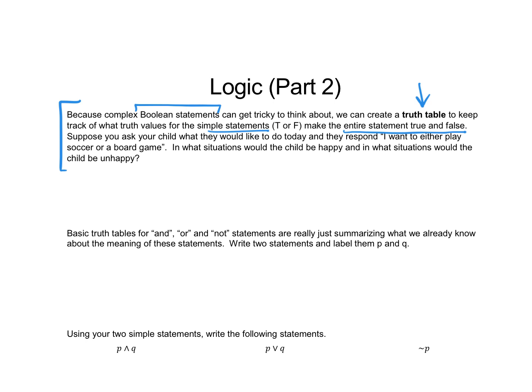So suppose that you ask your child what they'd like to do today, and they respond, I want to either play soccer or a board game. In what situations would this child be happy, and in what situations would the child be unhappy? So they're going to be happy if they go and they play soccer, or they're going to be happy if they play a board game.